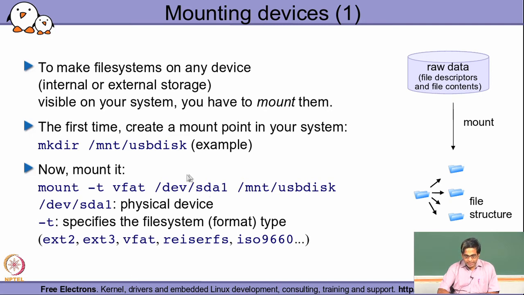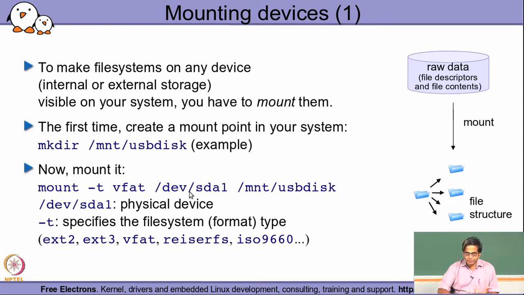So, this raw partition /dev/sda1 contains a vfat file system which I have created before with the mkfs command that we saw in the last slide. Now, I am telling the mount command that this particular file system available on /dev/sda1 should be mounted onto this mount point, right.